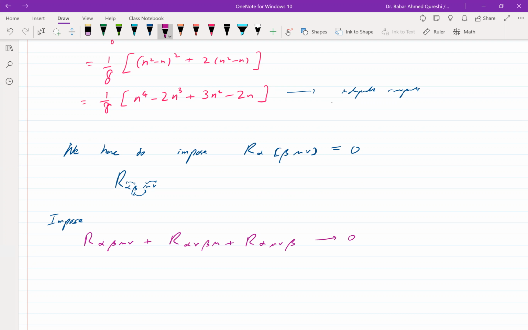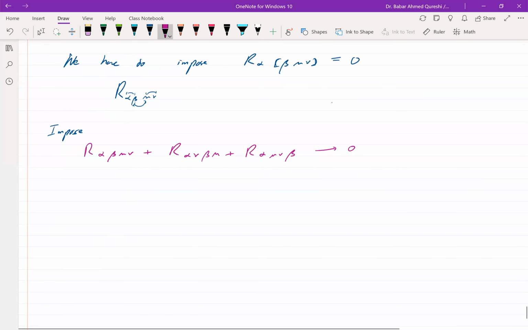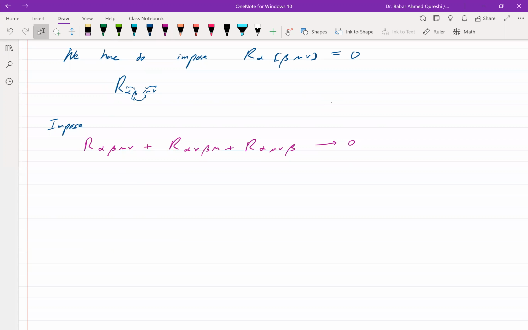This I have to impose. But before putting it equal to 0, I just note that if alpha is equal to beta, then I have R alpha alpha mu nu.